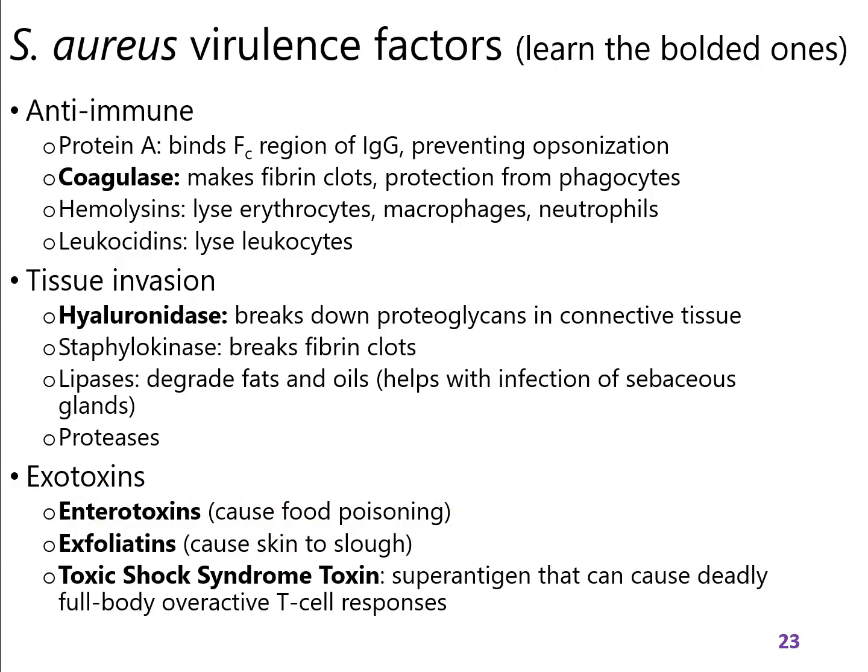Some Staph aureus strains will release all of these toxins, and so the patient will have diarrhea, their skin will be falling off, and they'll have massive T-cell responses that lead to extreme low blood pressure and death.